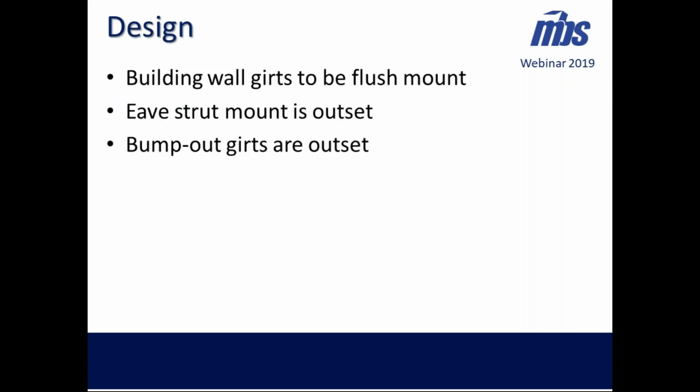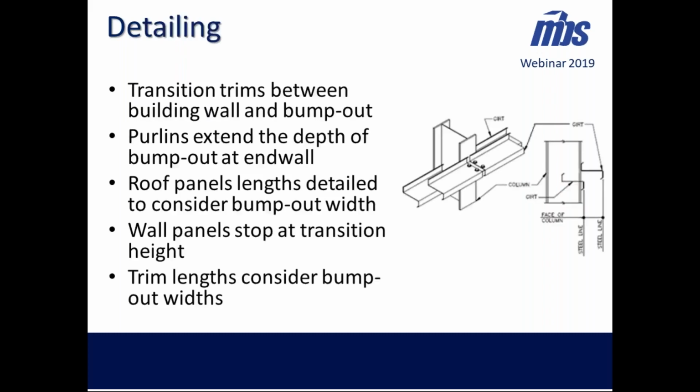In the design, as we mentioned, the building walls are going to be flush. You cannot do bypass wall girts with a bump out. Your E-strut mount is going to be outset, and your bump out girts are also going to be outset. In the detailing, the transition trims between your building and the wall bump out are going to be detailed for you.